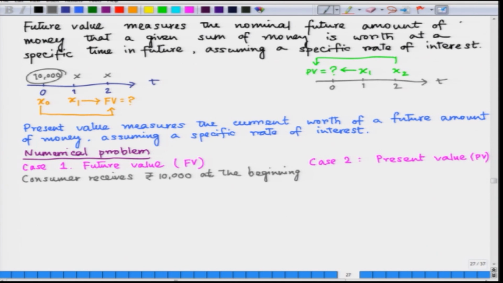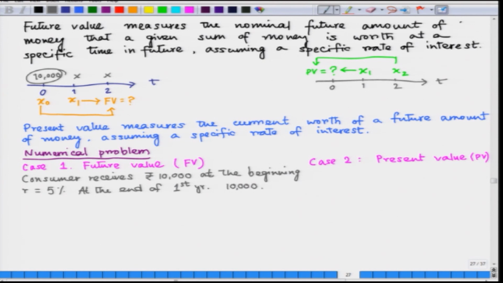So, what will happen? The person can put this money in the bank and earn a rate of interest. We assume a rate of interest 5% for this example. So, at the end of first year, how much does the consumer receive from the bank?